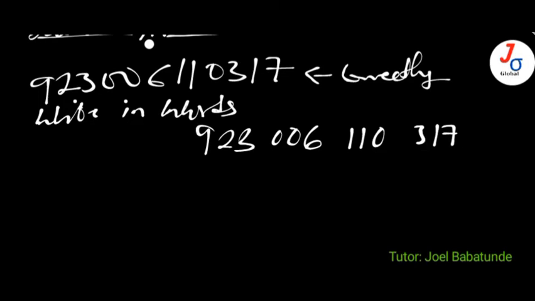Okay, so how do you write this? I'm going to write this as 923 billion, 6,110,317. So let me write that in words.